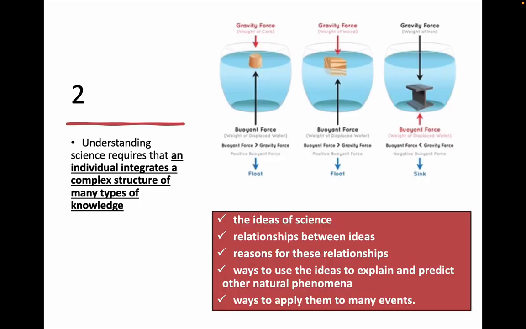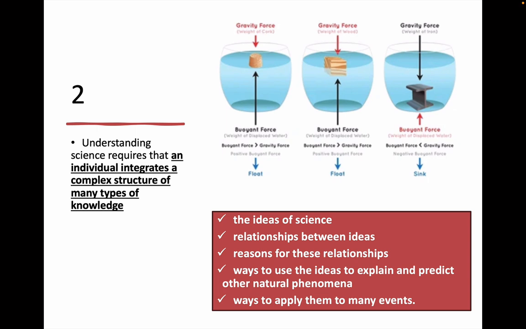Understanding science requires that an individual integrate the complex structure of many types of knowledge. In this case, in order to know why one object sinks or floats, we need to know some ideas about science, the relationship between these ideas, the reasons for these relationships, ways to use the ideas to explain and predict other natural phenomena, and ways to apply them to many other events.